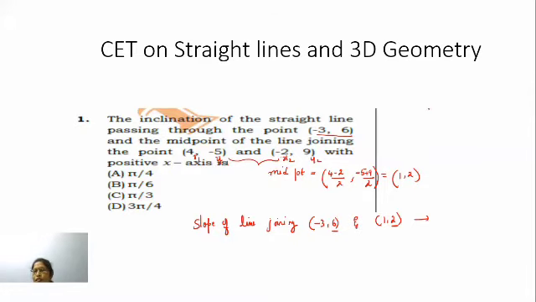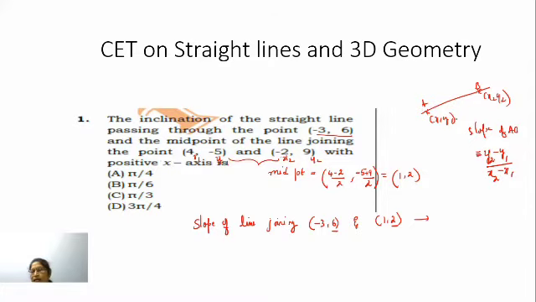If you have two points (x1, y1) and (x2, y2), call them A and B, slope of AB is equal to y2 minus y1 by x2 minus x1.